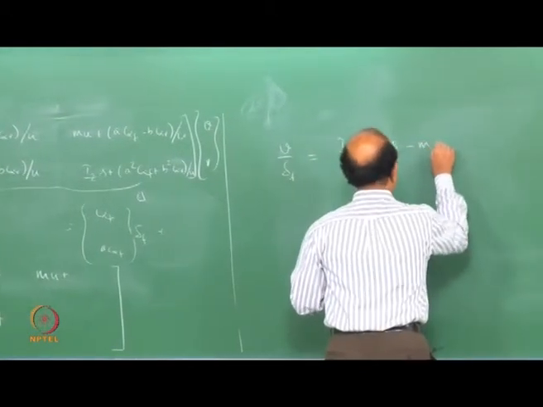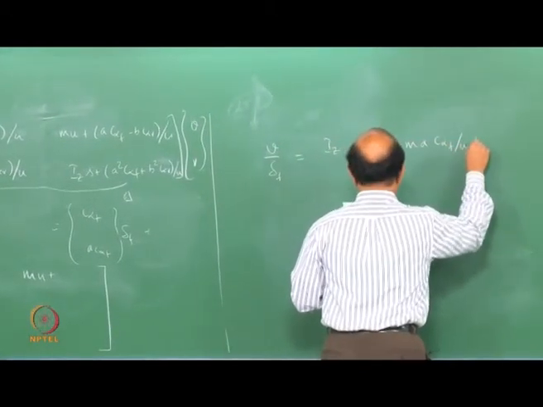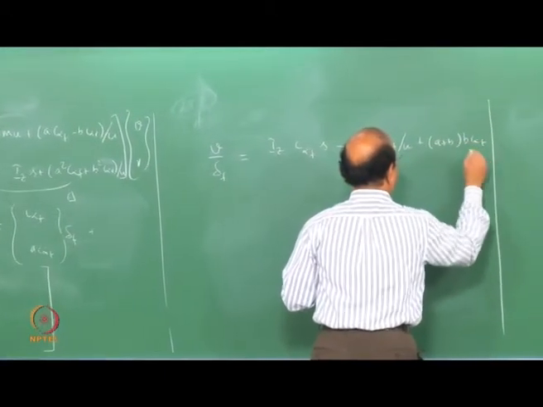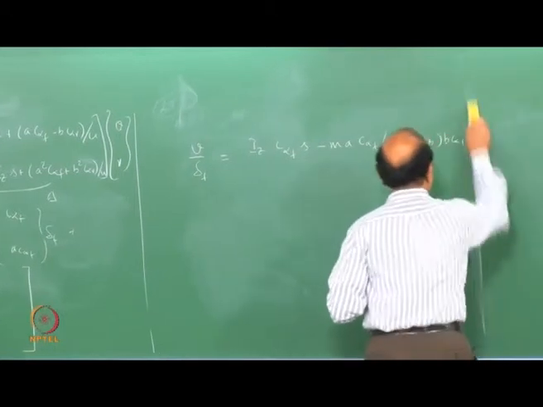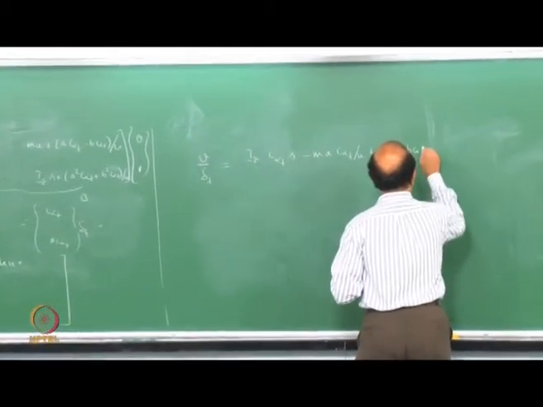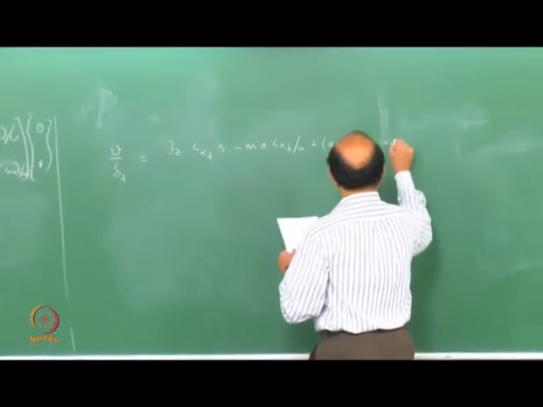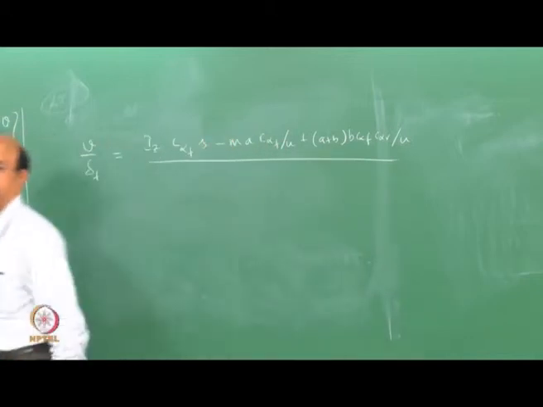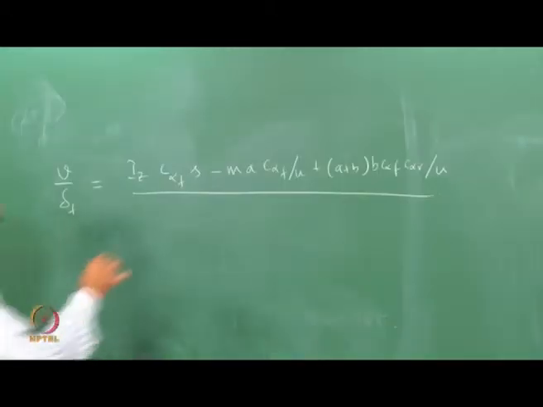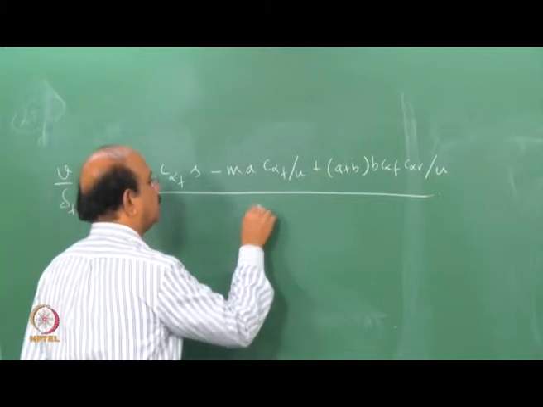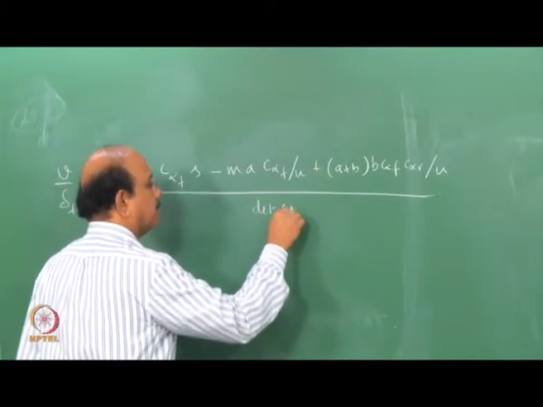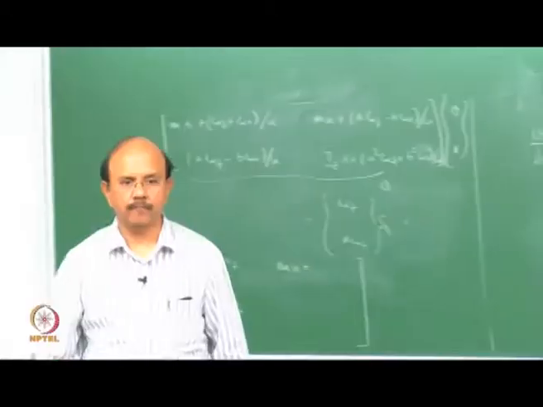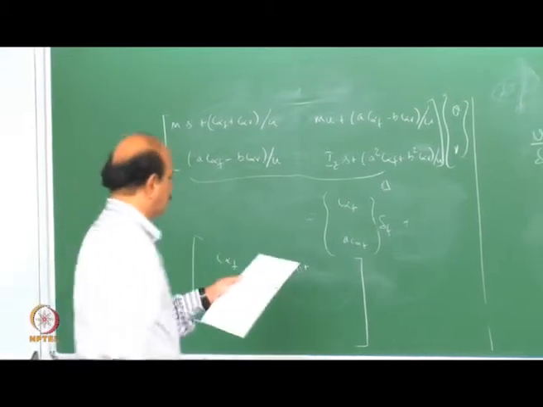I hope my signs are correct. Just check this. The whole thing is divided by the determinant of delta, or let me call that the determinant of the delta matrix.